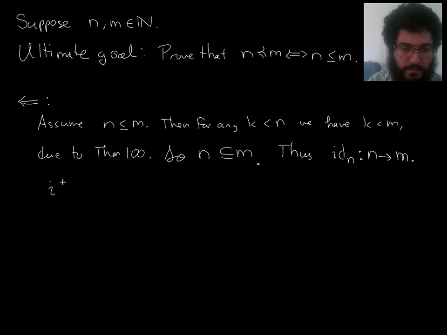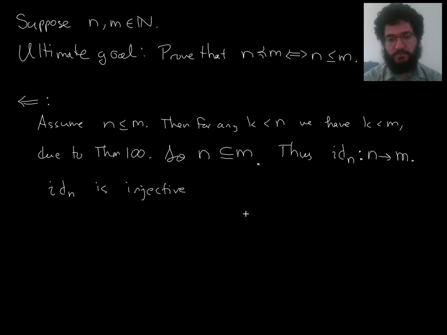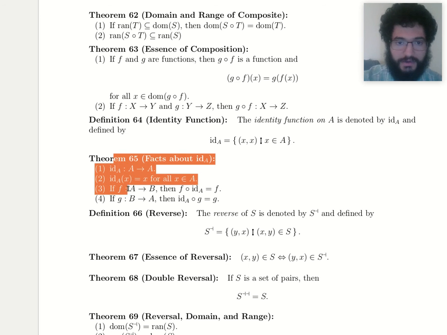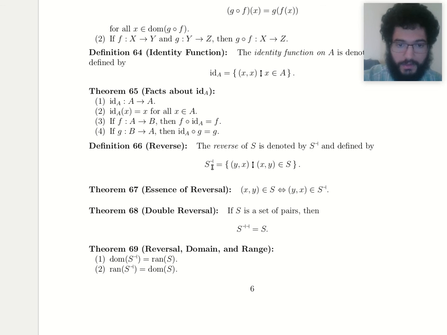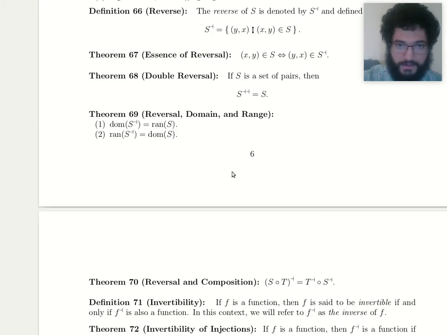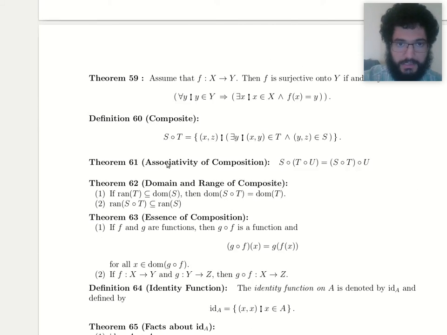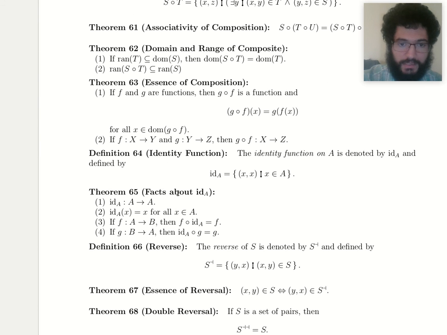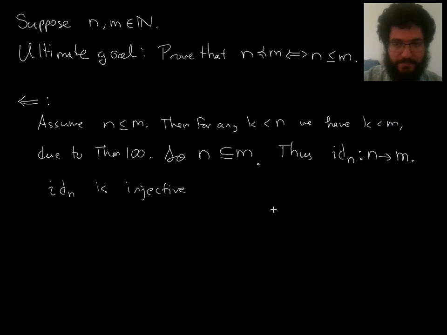Now, this is injective. I haven't really proven that anywhere. It's super easy. I kind of regret not putting it in here under facts about identity. But I think maybe injectivity was never defined at that time. Oh no, it was. That was dumb. I should have put the fact that it's a bijective function here with these facts.